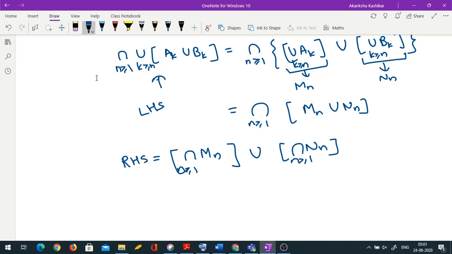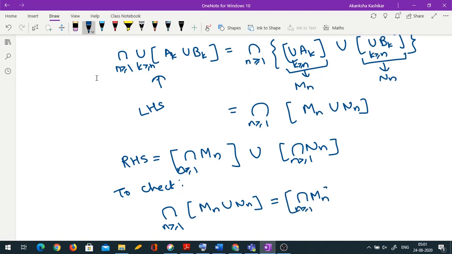So ideally what I want to examine is whether intersection Mn union Nn, n greater than or equal to 1, is the same as intersection Mn union intersection Nn.